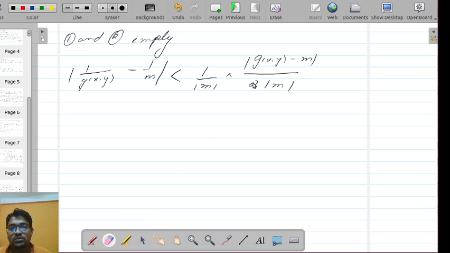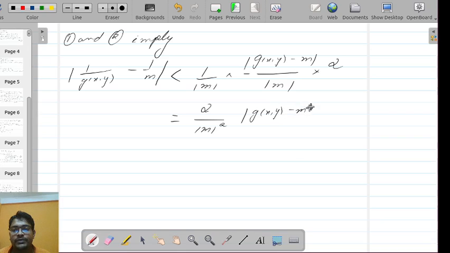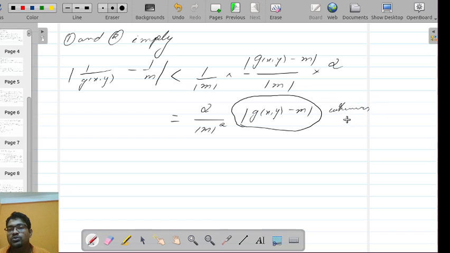Okay, so this 2 is in the numerator. So that is actually 2 by mod m square multiplied with mod of g of xy minus m. Okay, now it's very simple. We can control this quantity. So this is true whenever mod of x minus a is less than delta 1 and mod of y minus b is also less than delta 1.